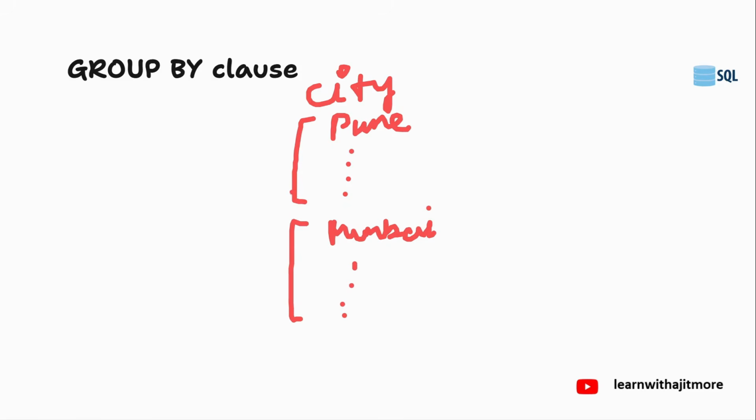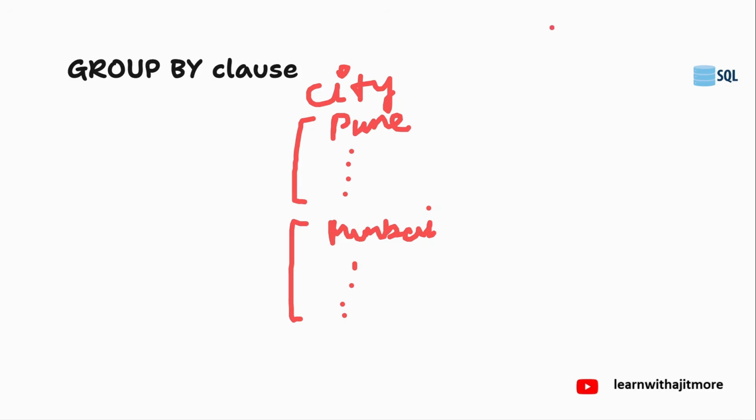So I want to create groups of similar values in some column, and then I want to apply aggregate on each group, on any other column. Like the other column is salary, or name, minimum name, maximum name, or average of the salary, whatever.